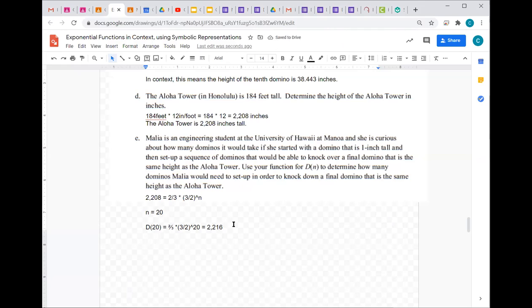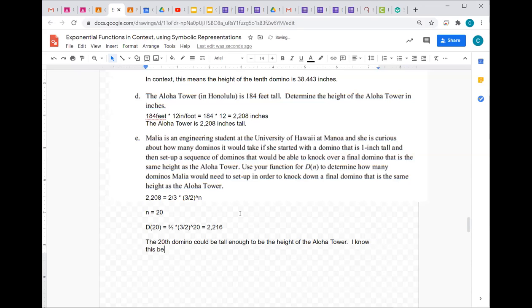Okay. The 20th domino could be tall enough to be the height of the Aloha Tower.